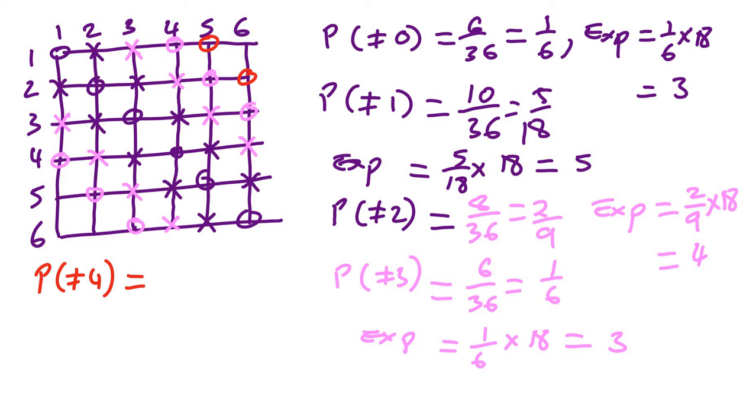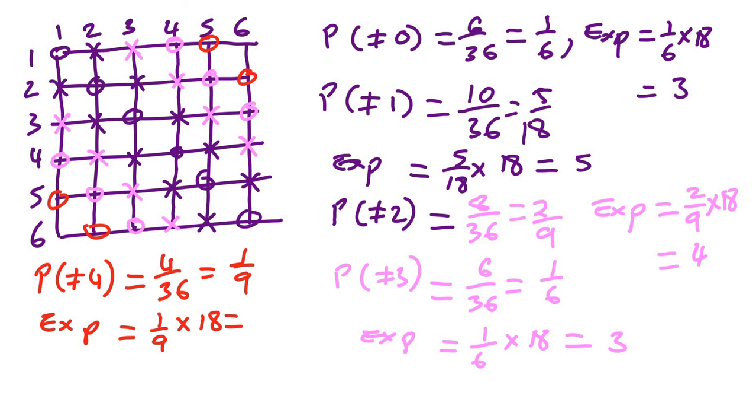None. 3 doesn't go with anywhere. 4 doesn't go anywhere. 5 and 1, 6 and 2. See, so only 4. So 4 out of 36, which is 1 9th. So therefore the expectation of this is 1 9th times 18, which is 2. So that's what it is.